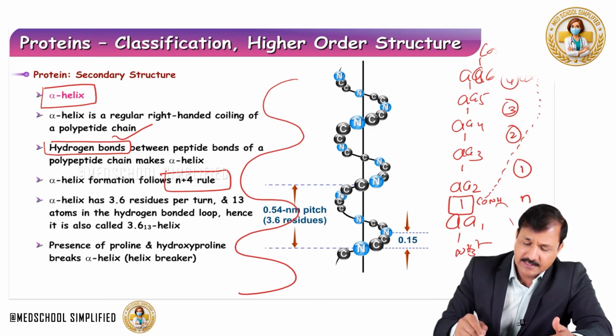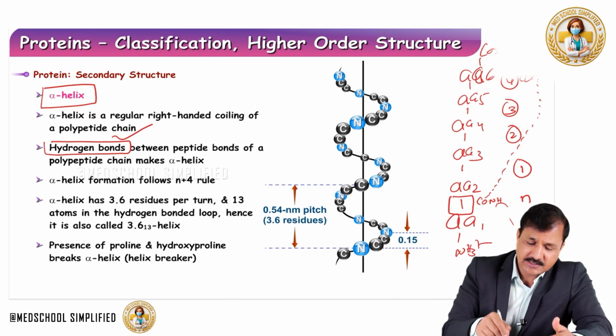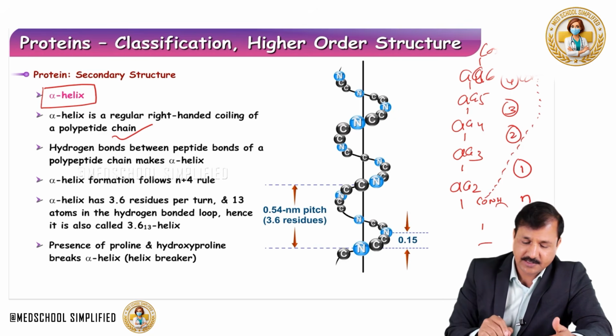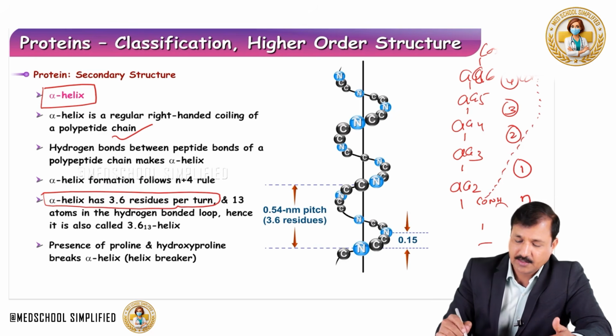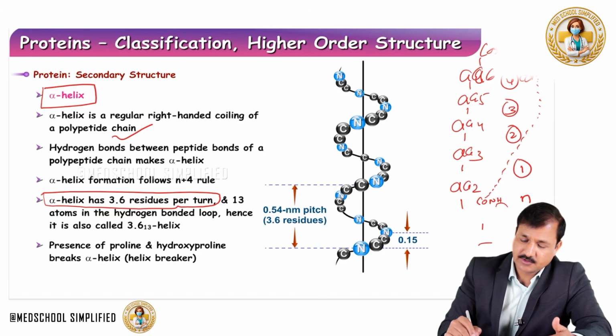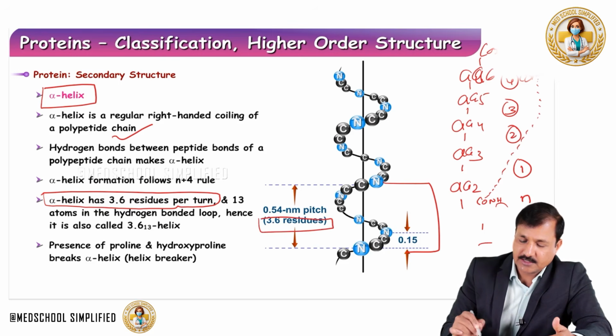Now let's see how many amino acids are there in one turn of an alpha helix. That information is given here. As you see, alpha helix has 3.6 amino acids per turn. Okay, so in this one turn here, which is basically referred to as one pitch, if we go from here to here, it has 3.6 residues.